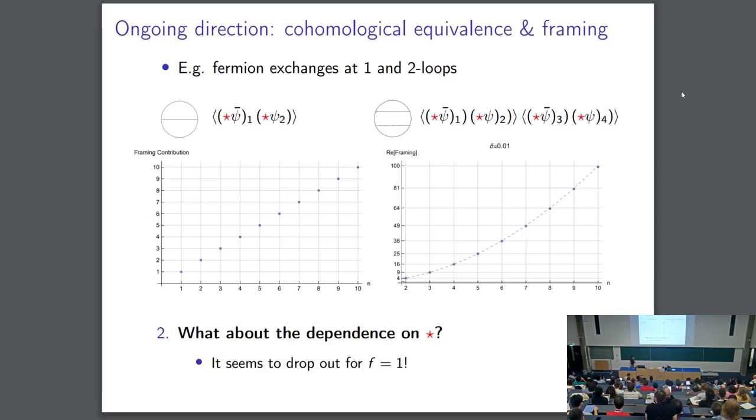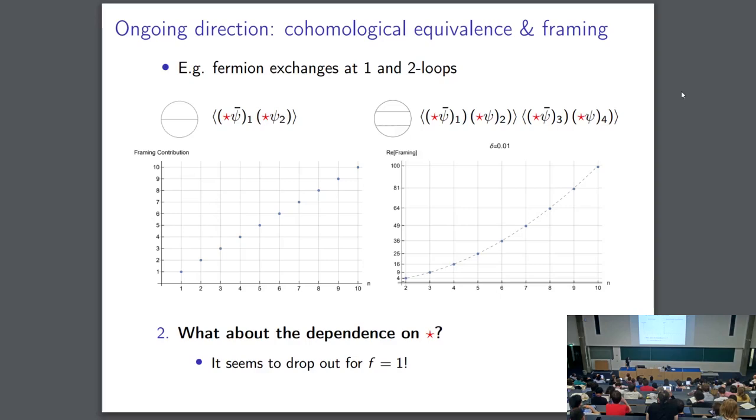Okay, I chose a couple of nice plots, of course. And the idea is to show you different behaviors regarding framing. So here I chose 2 different fermion exchanges at 1 and 2 loops.